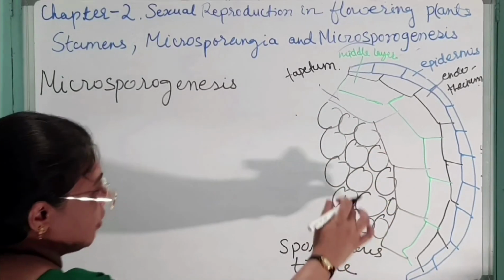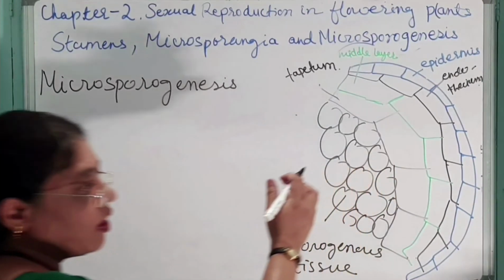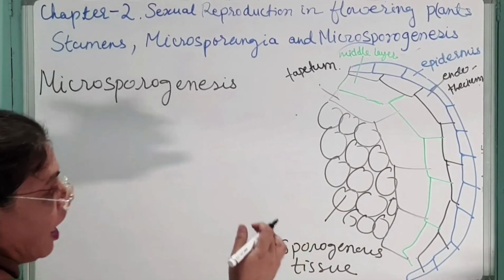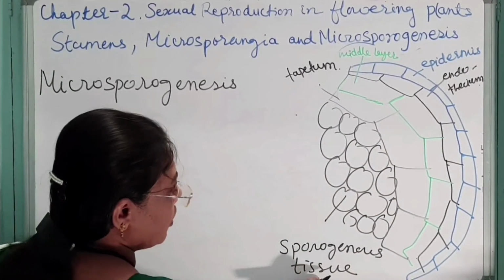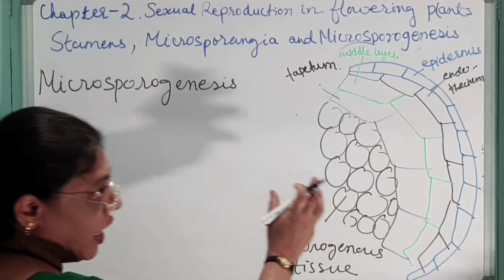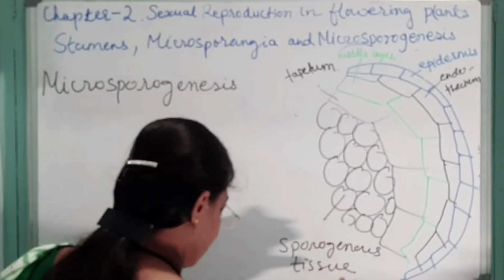The cells which are present in the center of microsporangia are called sporogenous tissue. These are compactly arranged and are homogeneous in nature.